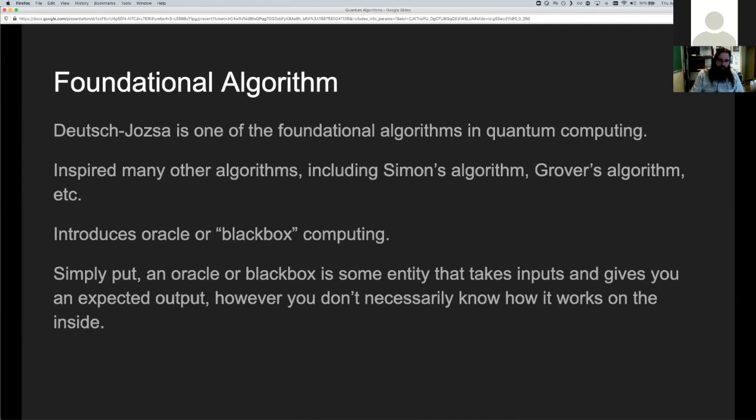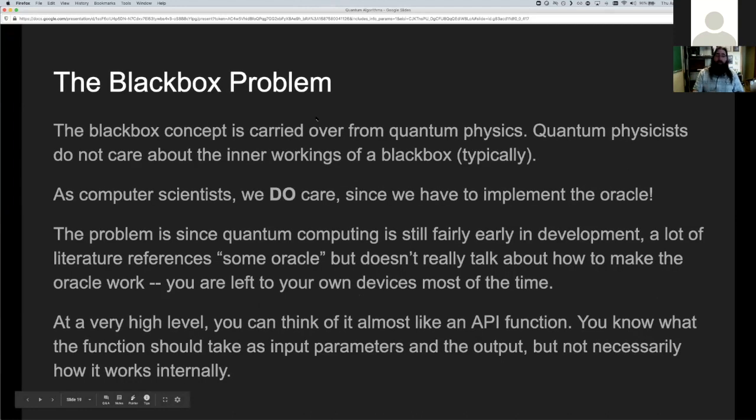It's an interesting problem because this concept is carried over from quantum physics, and quantum physicists really don't care about the inner workings of a black box. It's usually in their best interest to avoid it altogether, because they're working on their own problems. But we're computer scientists, so if we're doing oracle-based computing, we have to implement it, so we actually have to care about that.